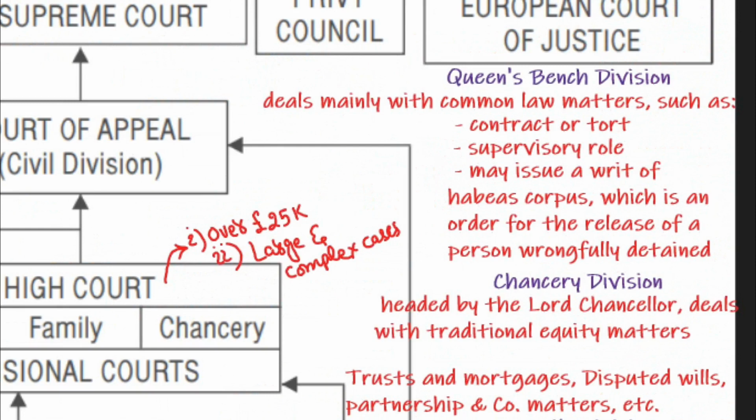The Queen's Bench Division mainly deals with common law matters such as contract law or tort. It also plays a supervisory role where it supervises the inferior courts. It may also issue a writ of habeas corpus, which is an order for the release of a person wrongfully detained.